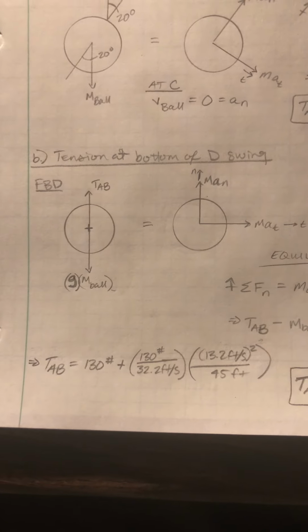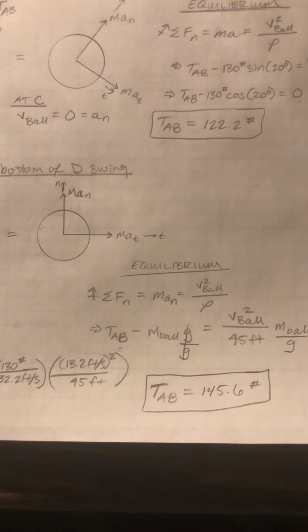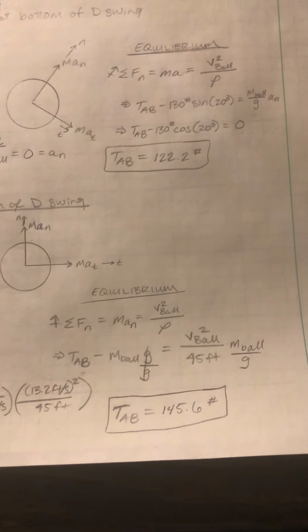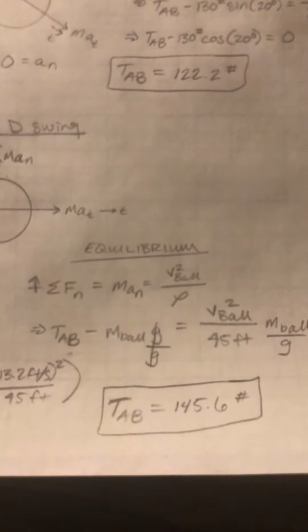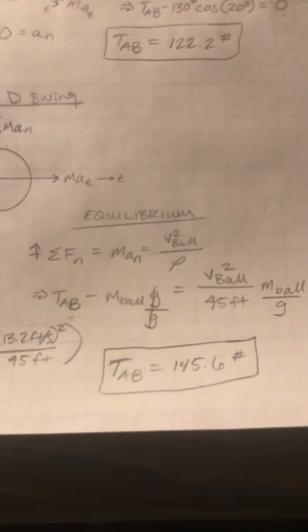Plugging those in to our equation, we find that the tension at this point, at position D, is equal to 145.6 pounds.